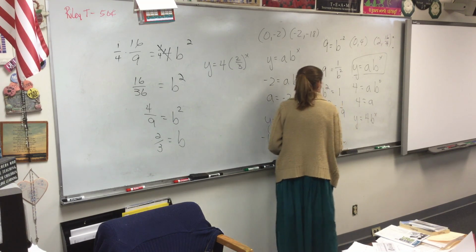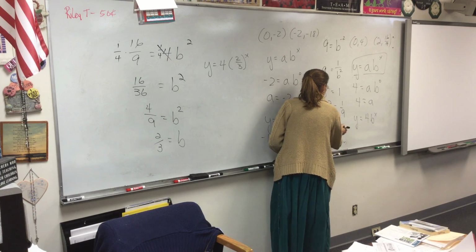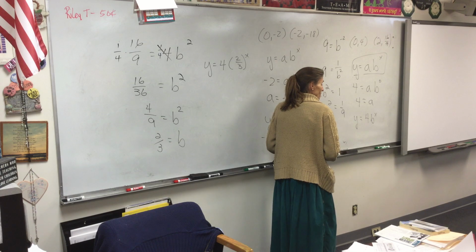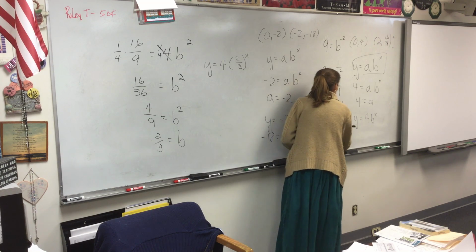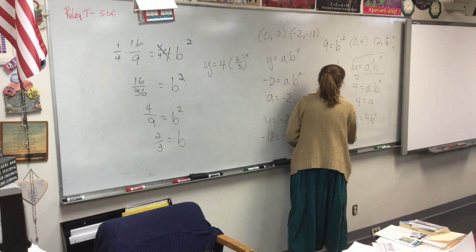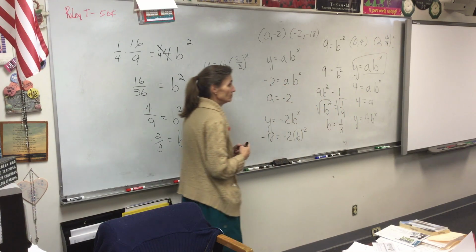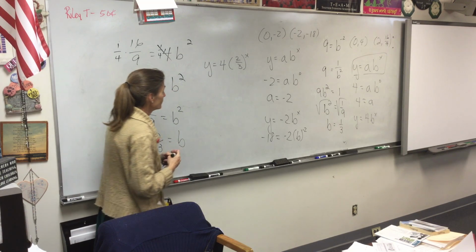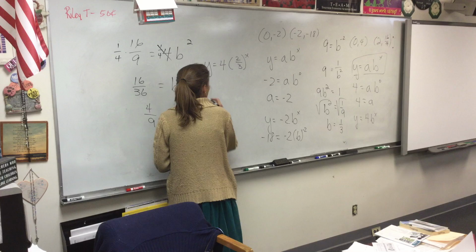And now I'll take the square root so that b equals what? Not 3. How about 3? Oh, wait. 1 over 3? Don't forget, write your answer.